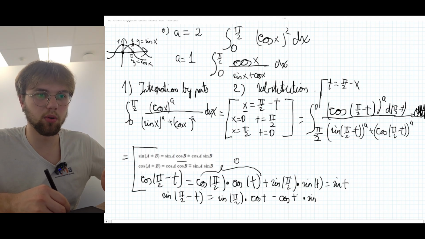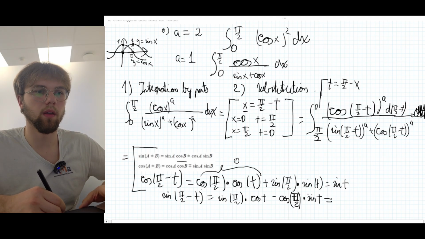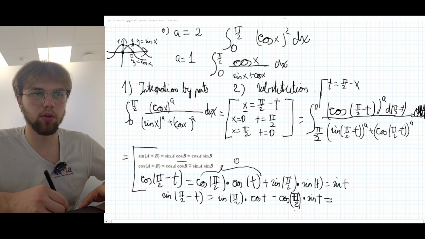So this should be cosine of pi over 2 times sine of t. And we want to have once again the same thing. This disappears, right? Because this is just 0, this is 1, and this is just cosine of t.